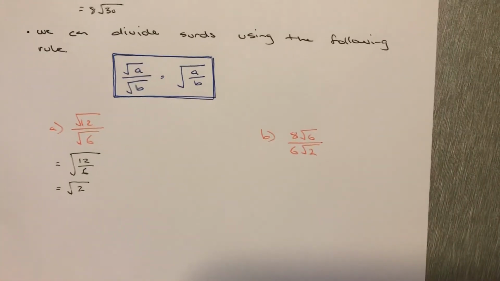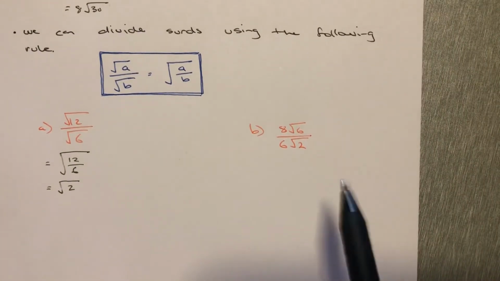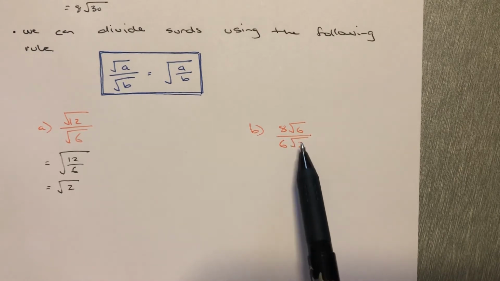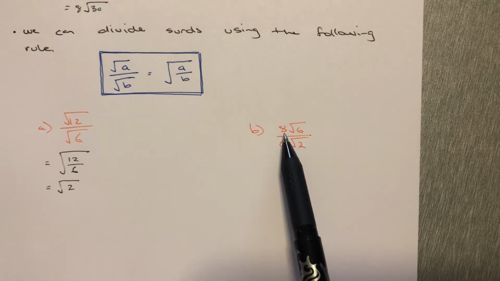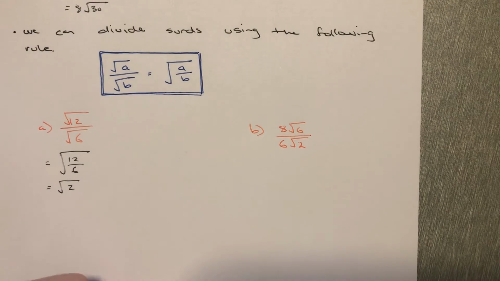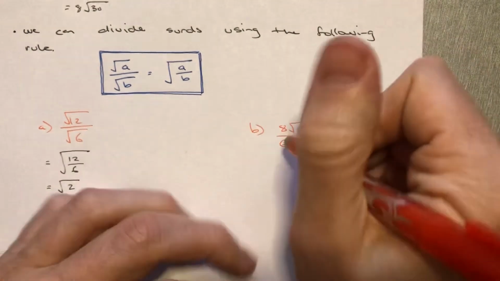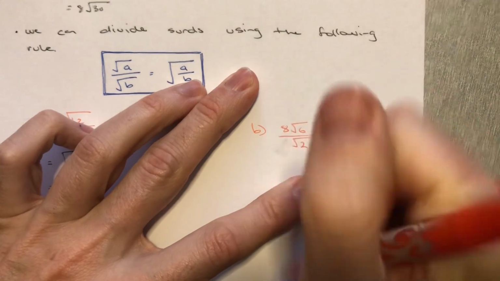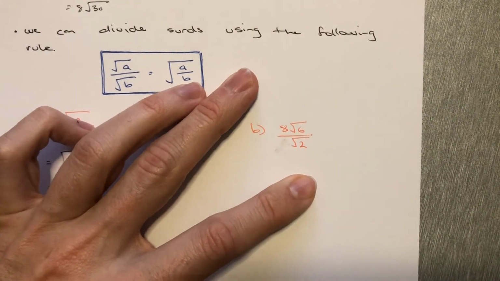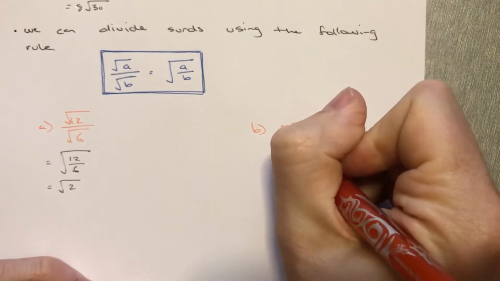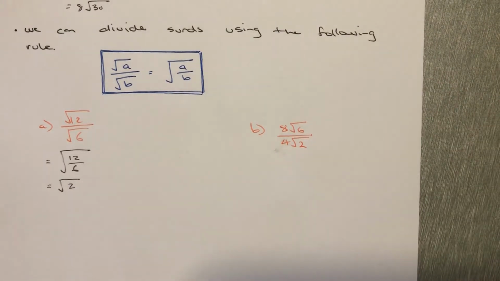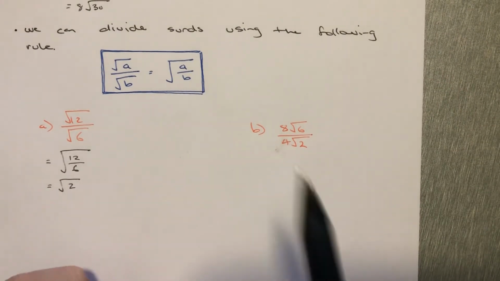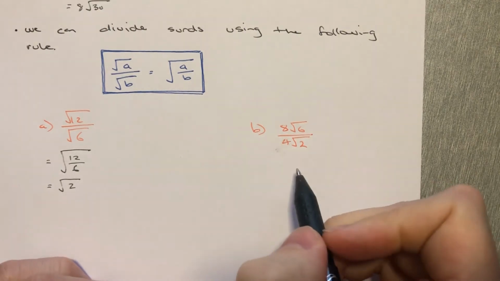Now let's move over to this last one. Okay, so this one has got our normal numbers as well. So we have an 8 and a 6. I might actually change that. Instead of a 6, I'm going to change that to a 4. All right, so we've got our normal numbers and we've got our surds as well. So again, we can split it up.